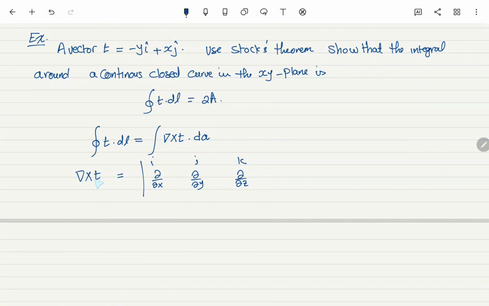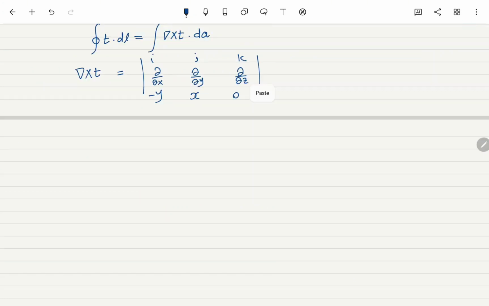The components of t here are minus y, x, 0. Upon solving this determinant, you will get 1 plus 1 k hat, or equal to 2k hat.